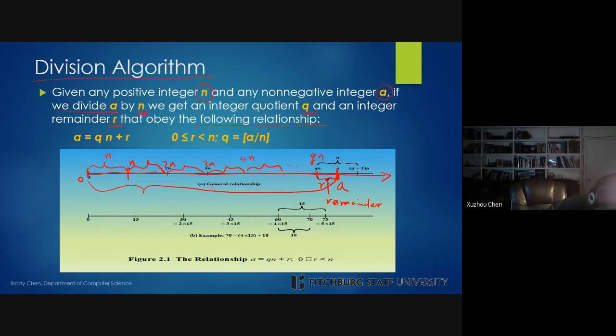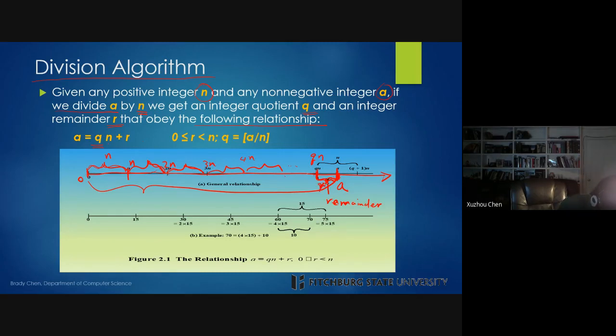If a is this line, this big, and we divide a by n and get a quotient of q, that means there are q segments of n, until we reach the point that there's no fragment of n remaining, and then that's the remainder.